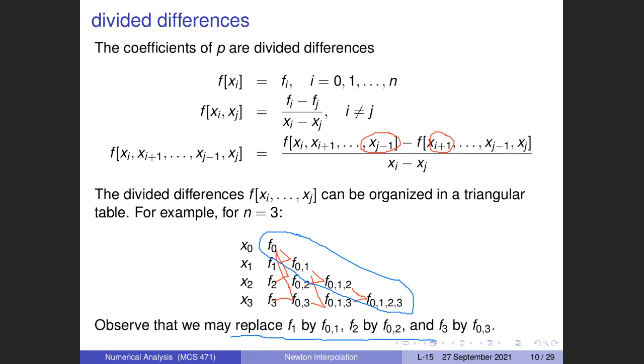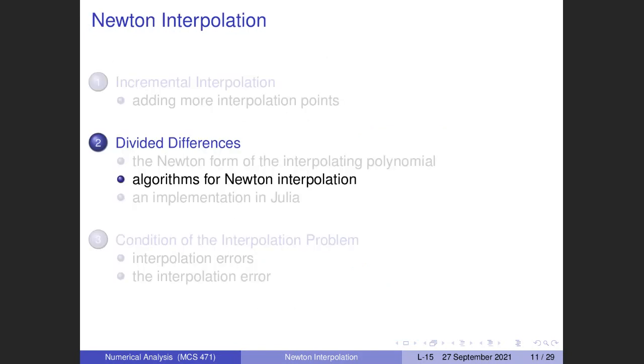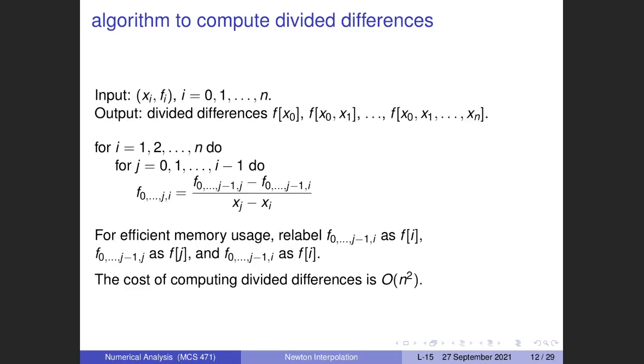So the cost of adding one extra point is actually the cost of computing one extra divided difference. This is the algorithm, already enough for us to do this on paper, but let's go to the implementation. Algorithms in this course are defined by Julia functions. So we will compute all divided differences in a double loop.